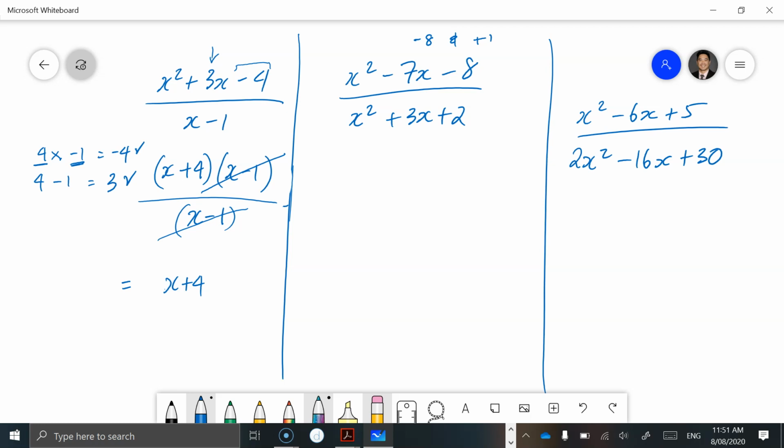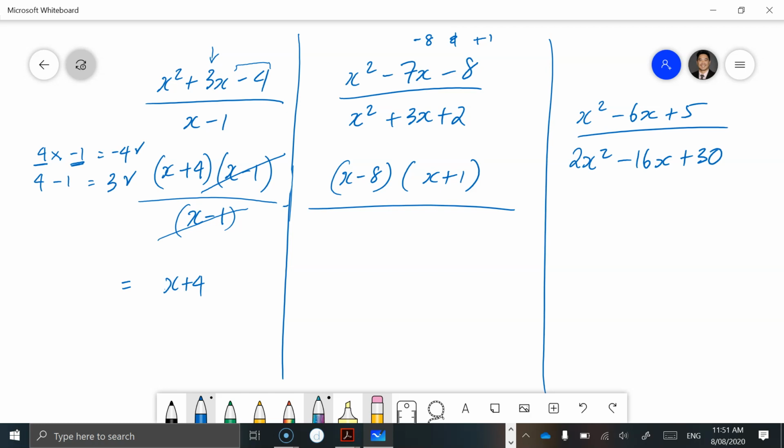If you end up getting positive 8 and negative 1, please check, because positive 8 minus 1 doesn't give you minus 7, so you need to reverse the polarity. So the two numbers that we need to deal with is that. So we've got x minus 8 as one set of brackets, x plus 1 as your second set.